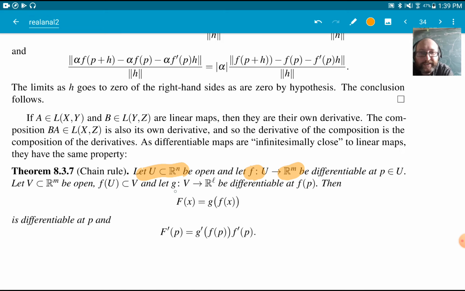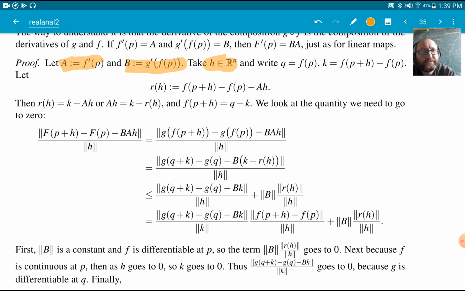That's where g is defined, in R^m, and then that goes into R^l. So those are those two guys. So h is now moving a little bit off of P in R^n. So we're looking at P plus h and P.